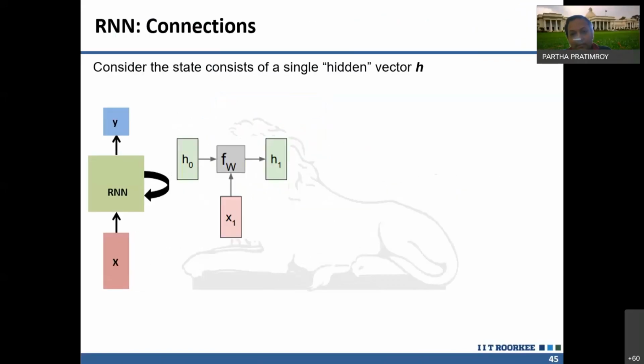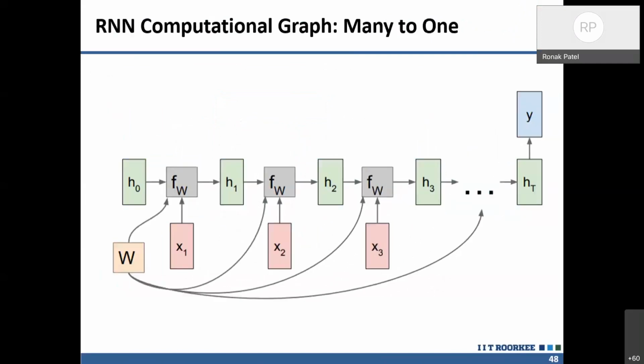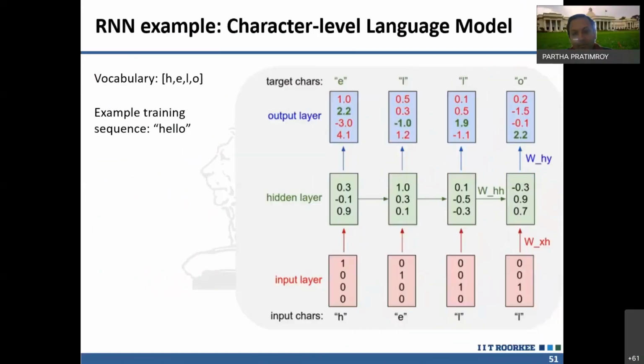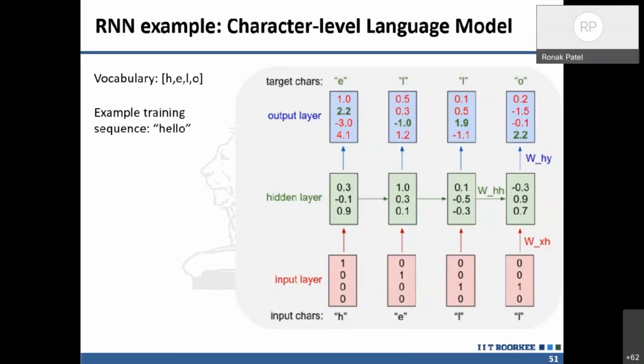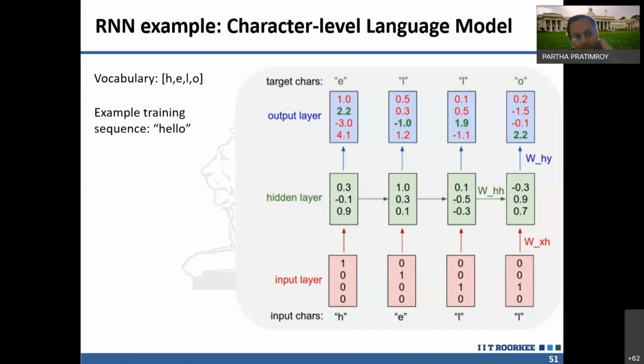If you consider, for example, 3, it will be 3 everywhere. If you consider 4, it will be 4 everywhere. Each neuron is actually unrolled in every state. Okay, thank you, sir.